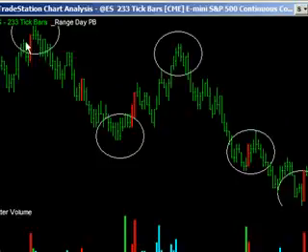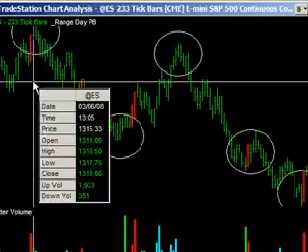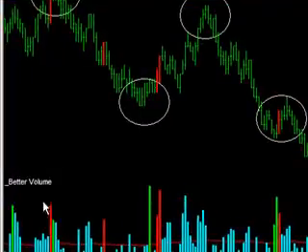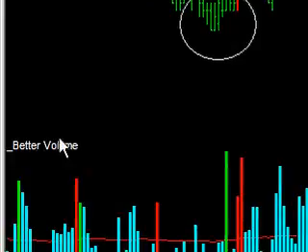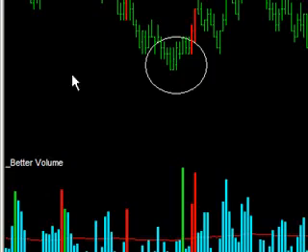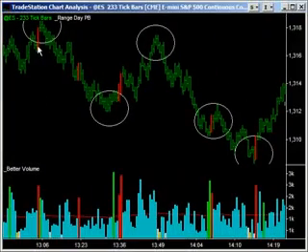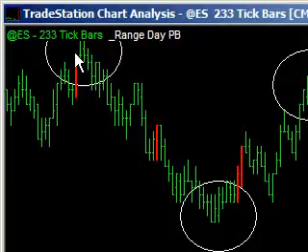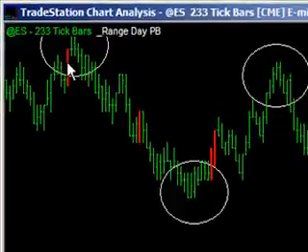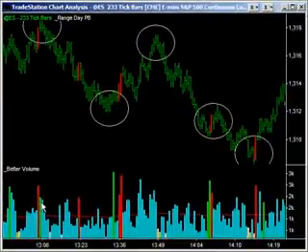The first one up here is a climax bar followed by a high churn bar that you can see down here, and this is one of the most frequent patterns that you'll see in tops. Basically what we're seeing is there's been an exhaustion move in terms of range and volume, followed by very little progress in terms of the range of the bar, but high turnover in terms of volume.